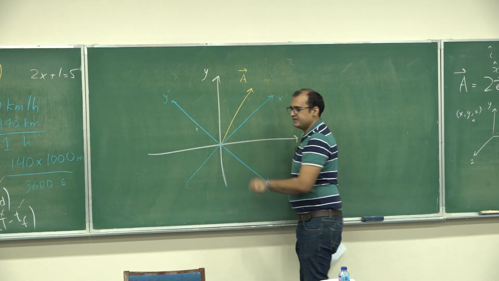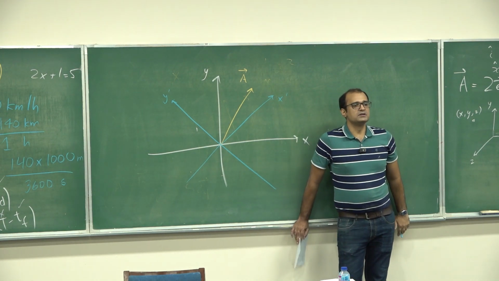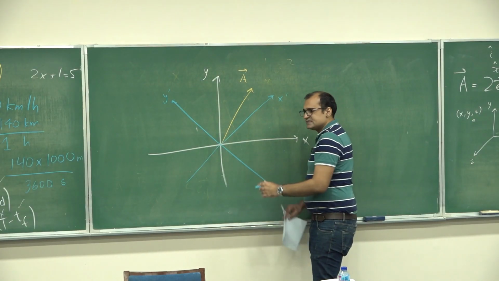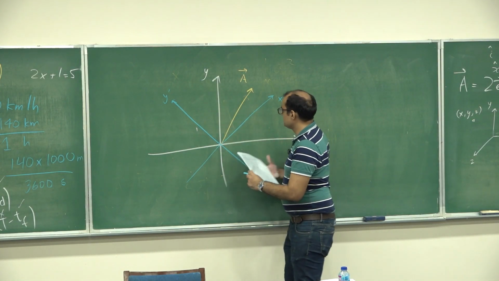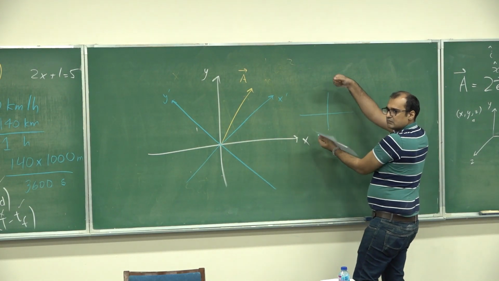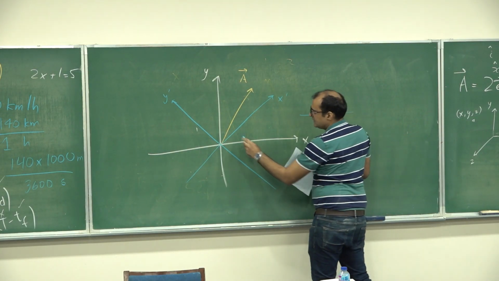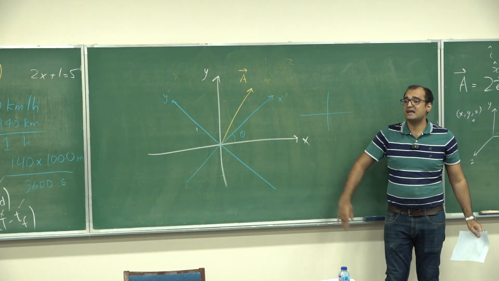Of course, the angle between x prime and y prime is also 90 degrees. This is also an orthogonal or perpendicular pair of axes. Essentially, you can think of x prime and y prime as obtained by rotating this. I take this and rotate it by some angle. That angle by which I rotate it is theta, the angle that the x prime axis makes with the x axis.